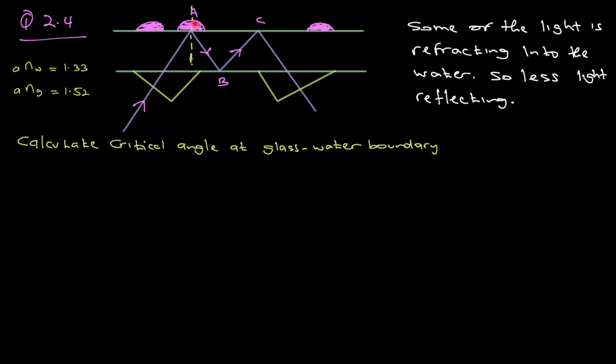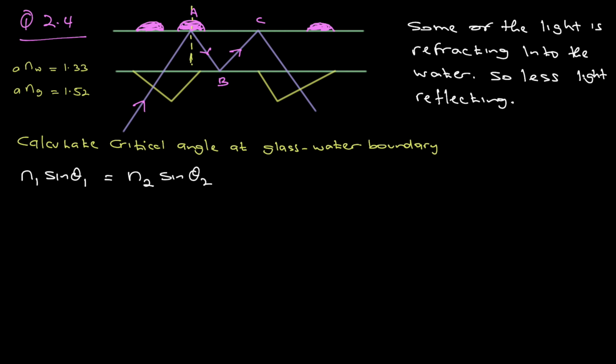We can use Snell's law: n1 sine theta 1 equals n2 sine theta 2. One is for glass and the other is for water.